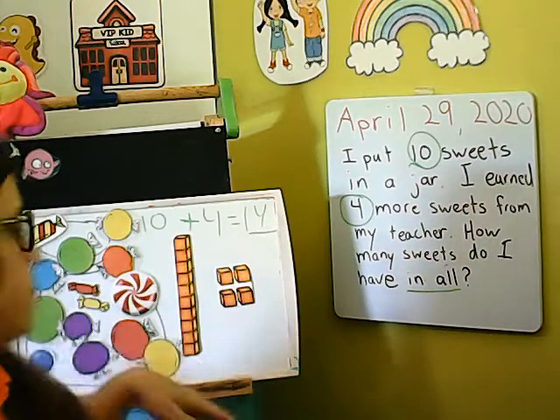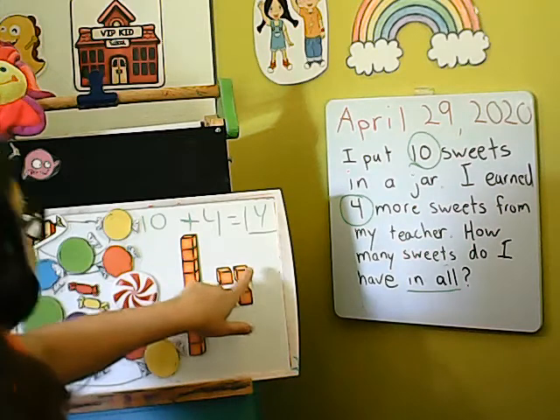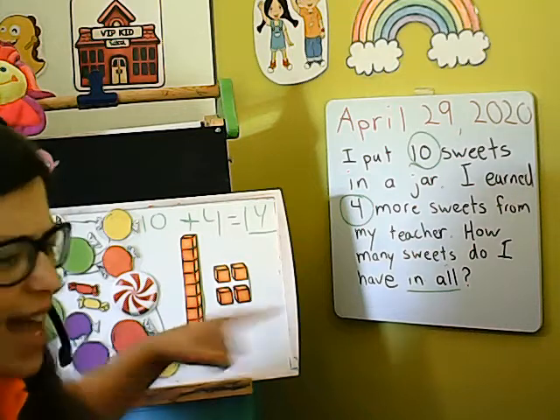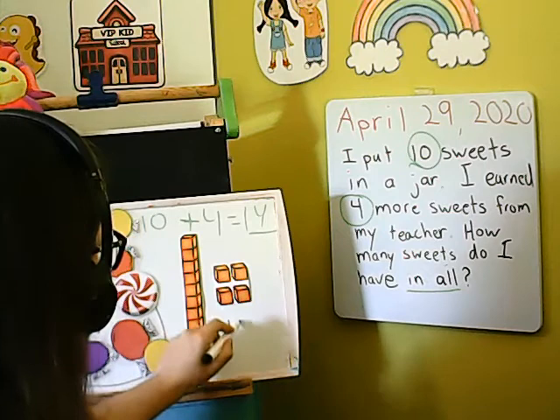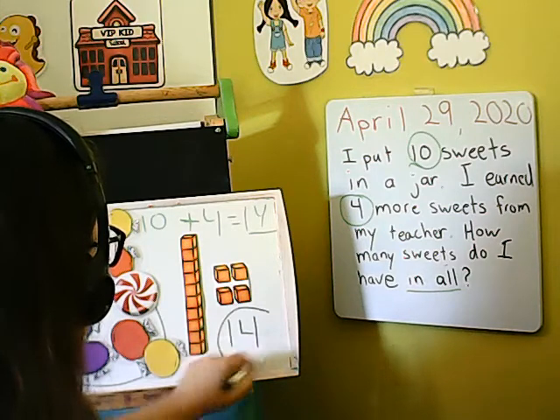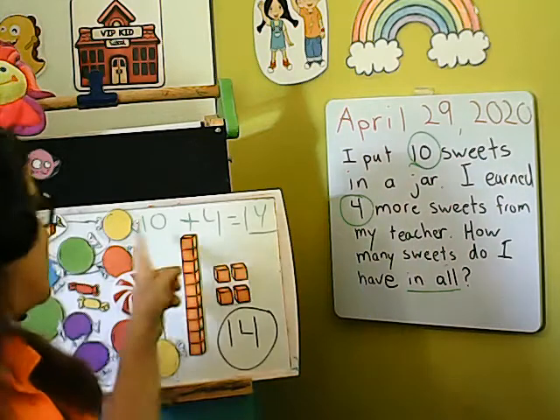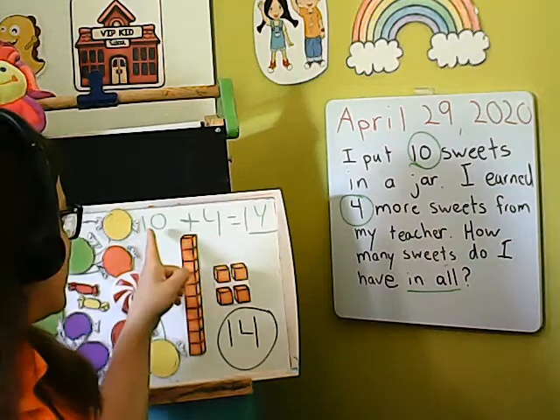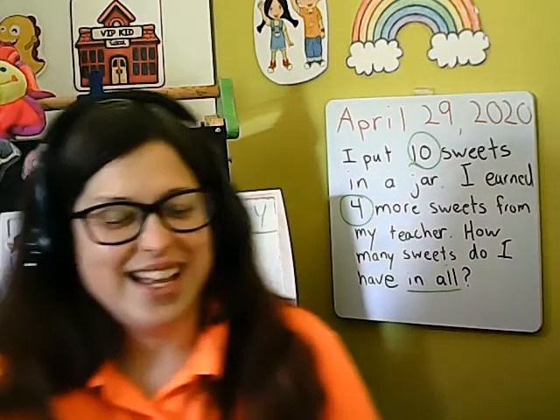Let's count on from 10. 10, 11, 12, 13, 14. And look at that, I got 14 both times. So I know my answer is 14. 10 plus 4 is 14, or I could read it like this: 10 and 4 is 14.